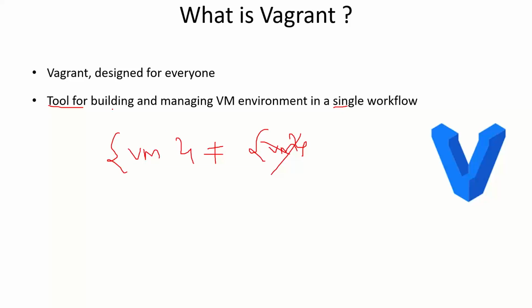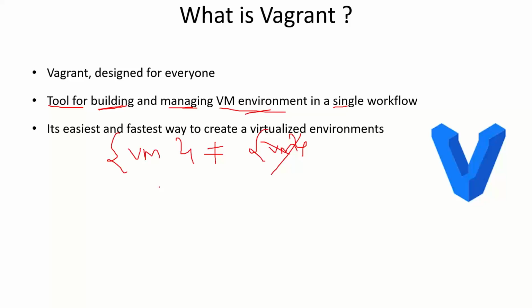So it is a tool which is used for building and managing your VM environment. How? Because it understands what you want to create and what you want to manage.